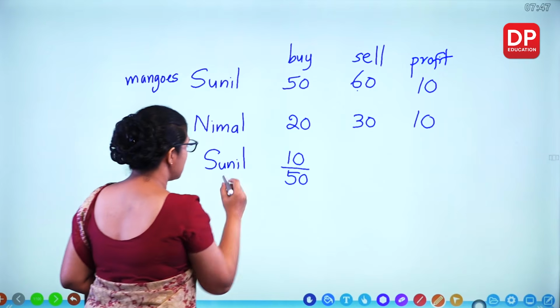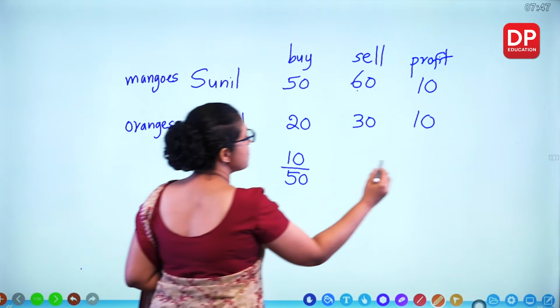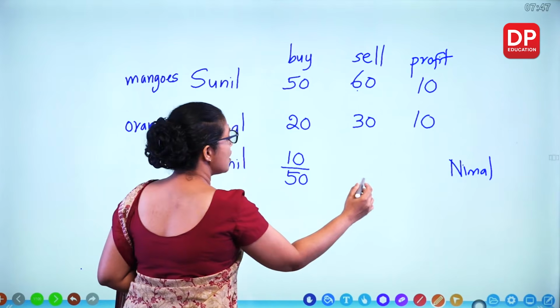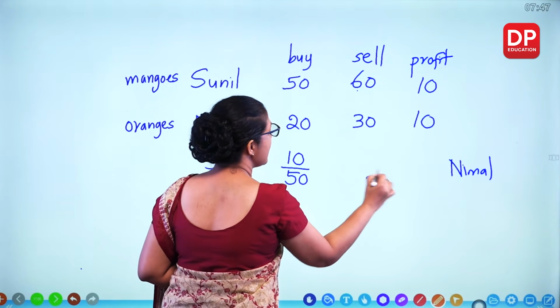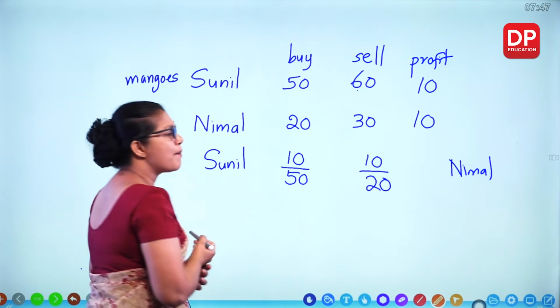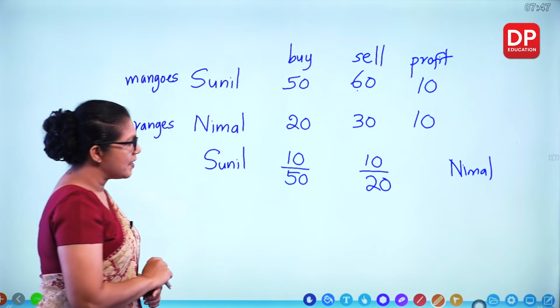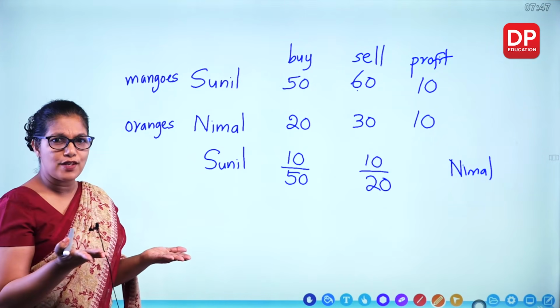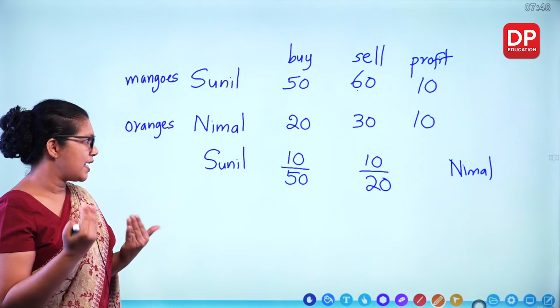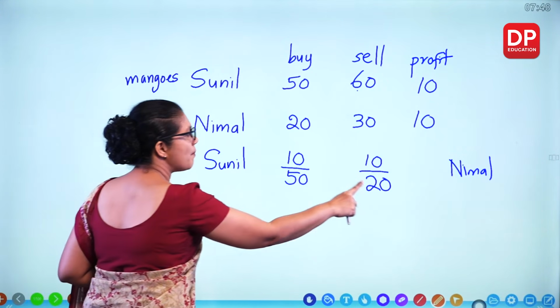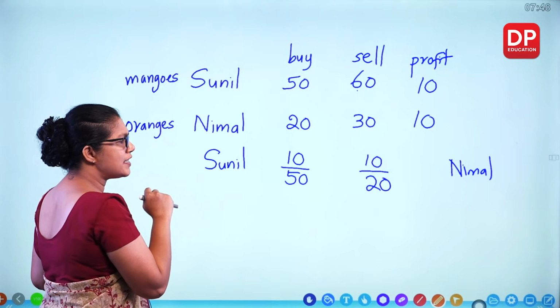What about Nimal? Nimal buys for 20 rupees and he gets 10 rupees profit. So when you take it as a fraction, we still can't compare these two. What we can do is convert to the same denominator. What's the lowest common multiple of 50 and 20?